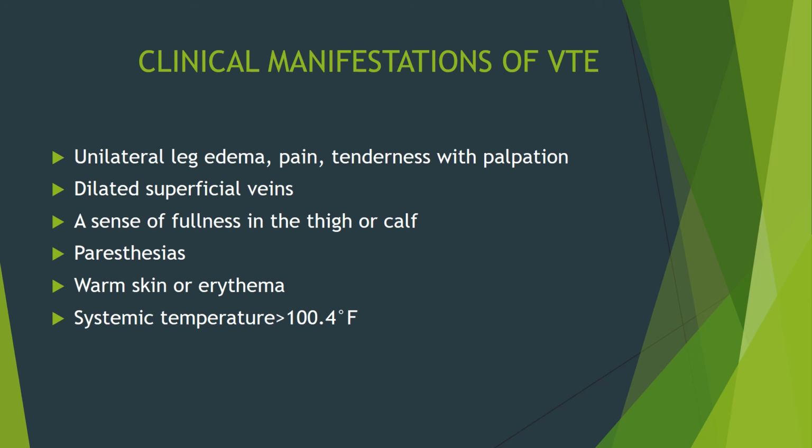Erythema, if you don't know what that is, it's a redness. Sometimes people will actually have a flushing red skin over where a venous thromboembolism is. A systemic temperature above 100.4.